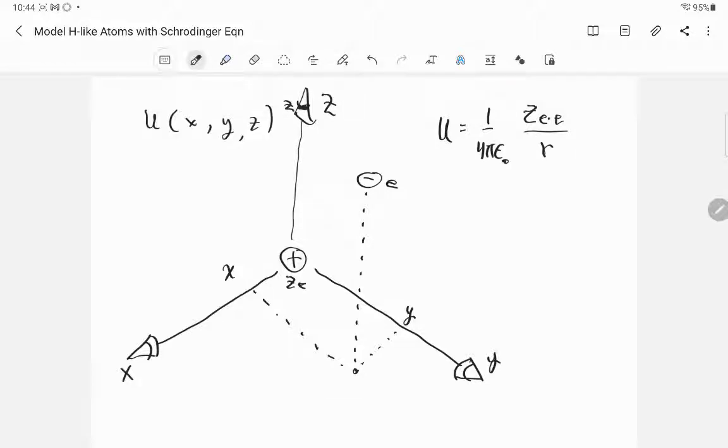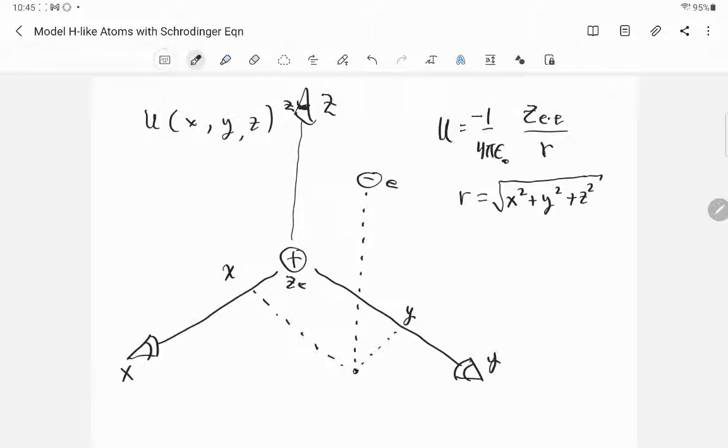So to get the correct behavior with this potential energy, we actually have to put a minus sign, like that. So this is our potential energy function right here. And r is the Pythagorean distance, which is just the square root of the sum of the squares of the rectangular coordinates.